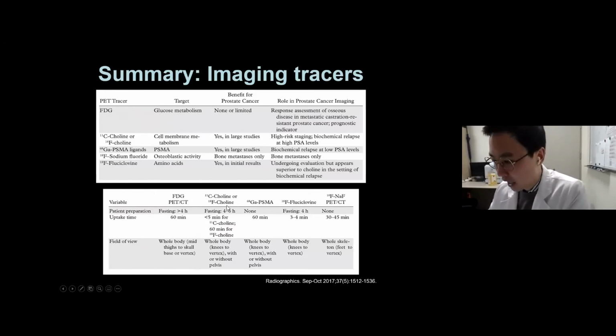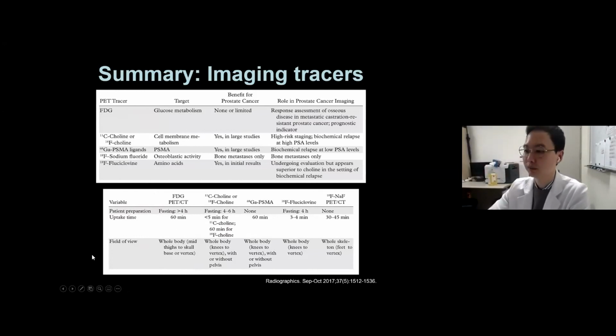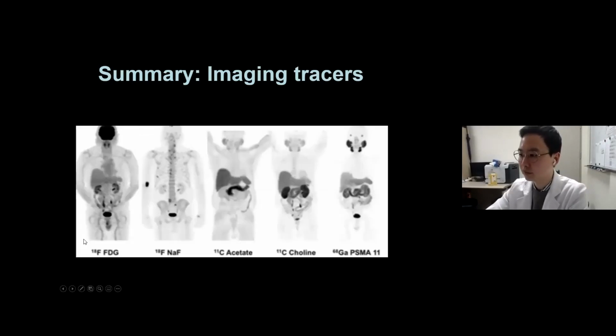C11 choline or fluciclovine can be imaged very fast, so the patient needs very short time in the hospital. However, other tracers need more time for uptake, which needs a more delayed imaging protocol. These are some summaries of each imaging agent and their biodistribution.